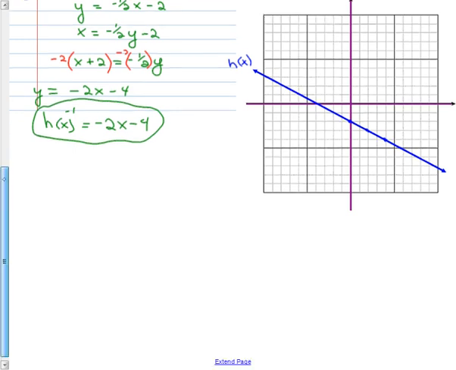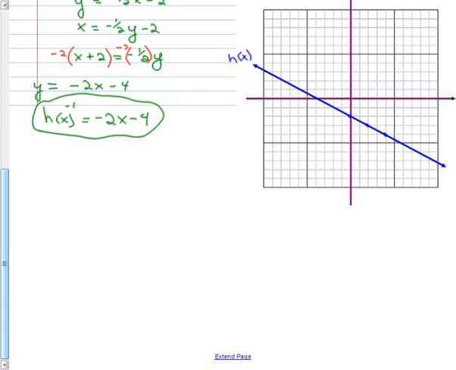Then graphing it, negative 4 is the y-intercept of this one. Negative 2 is the slope, so down 2 over 1. I will then label this one as my inverse function.